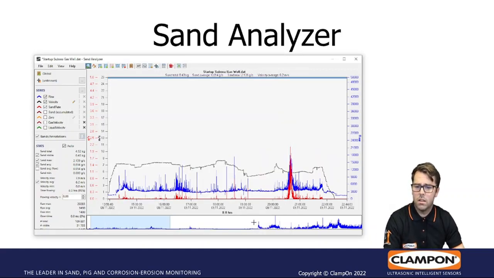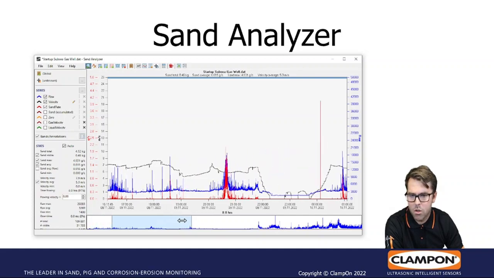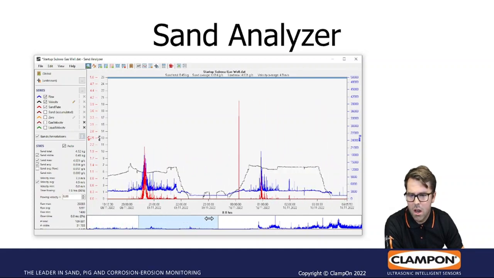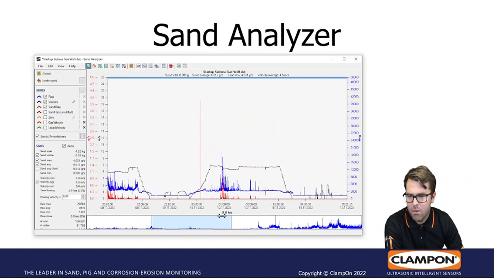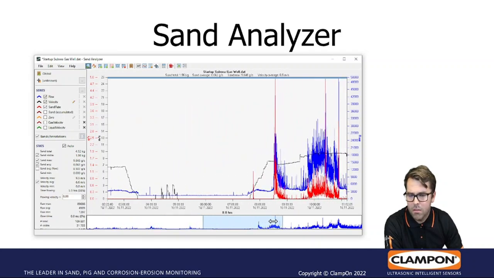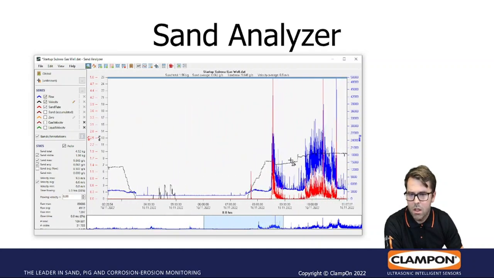Then I'm using this zero level for the rest of the startup as a reference. The well is opened up again, and you see here we get a small sand event again. Here they start up more and increase the velocity, and you get even more sand. But this is a typical good sign.